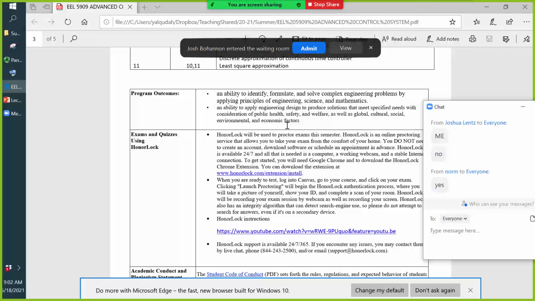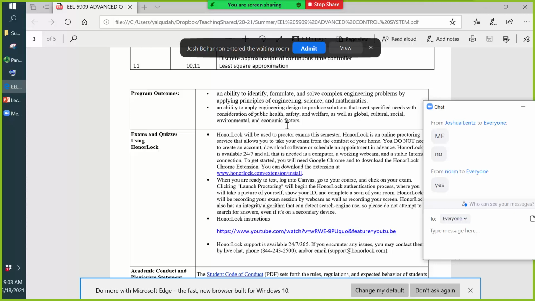Now, I just want to mention that we're going to be using analog in our exams, and this is out of an abundance of caution. If you have any problem with analog, please let me know. Nevertheless, I think it's a good idea to ensure the integrity of the exams for everybody's peace of mind, and therefore we'll be using analog.